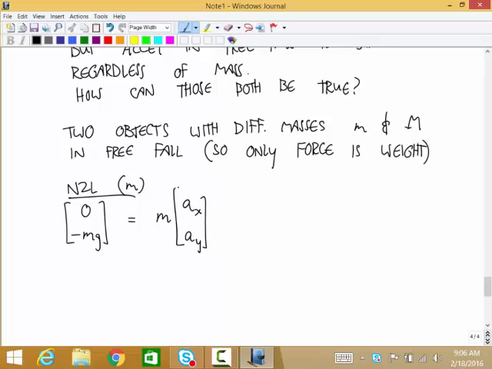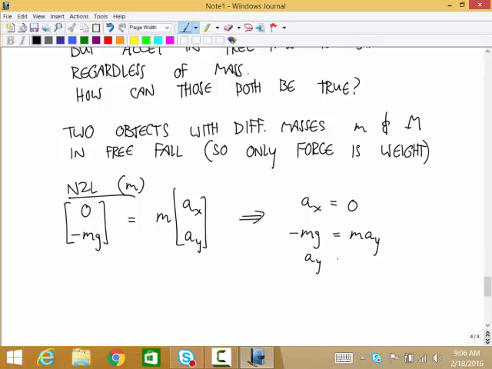And we're going to calculate that acceleration vector. That gives us two equations. The first one says ax is equal to 0, and the second one says negative mg is equal to m ay.